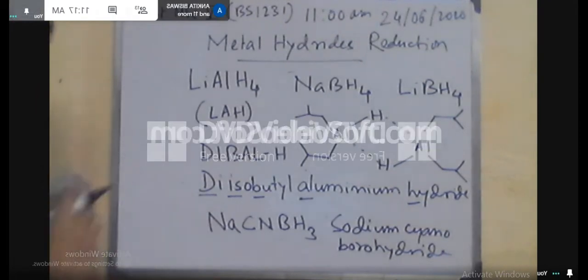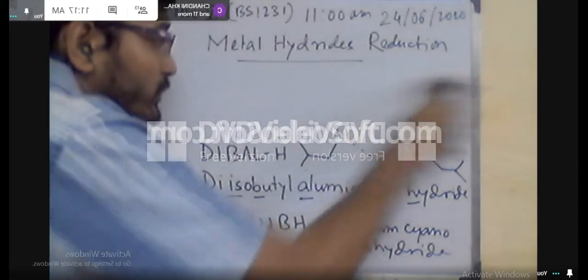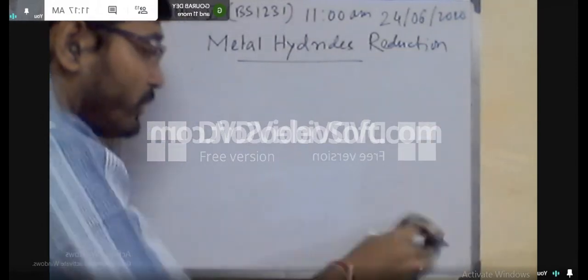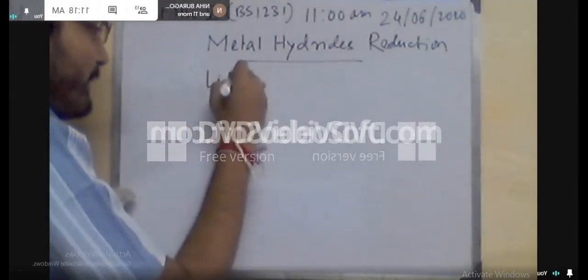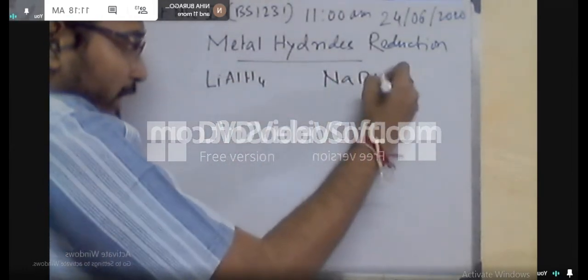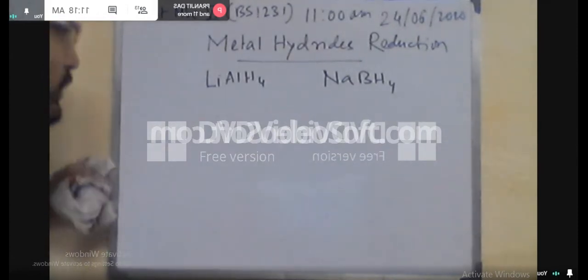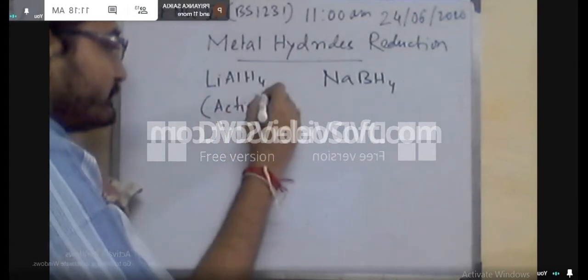Between these two, we generally know lithium aluminium hydride is very active. It is a strong reducing agent. It can reduce any bond, that means the carbonyl residue.